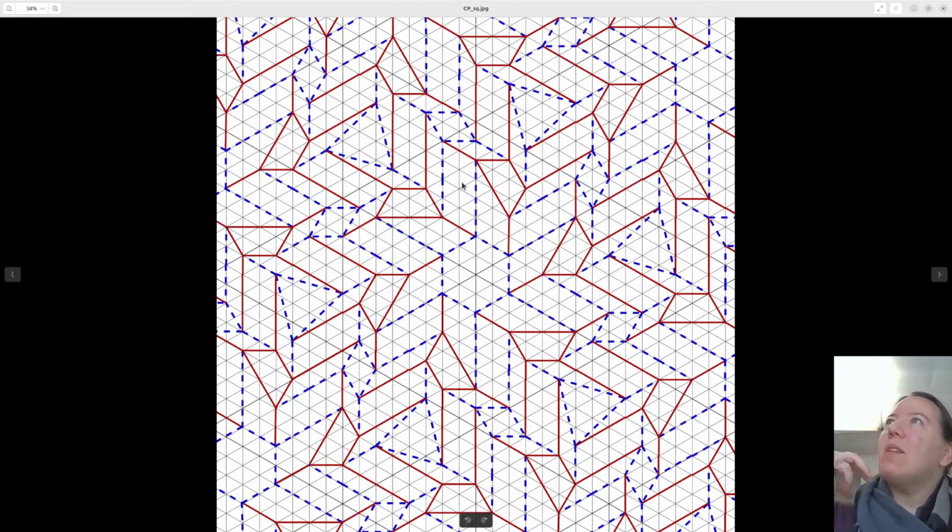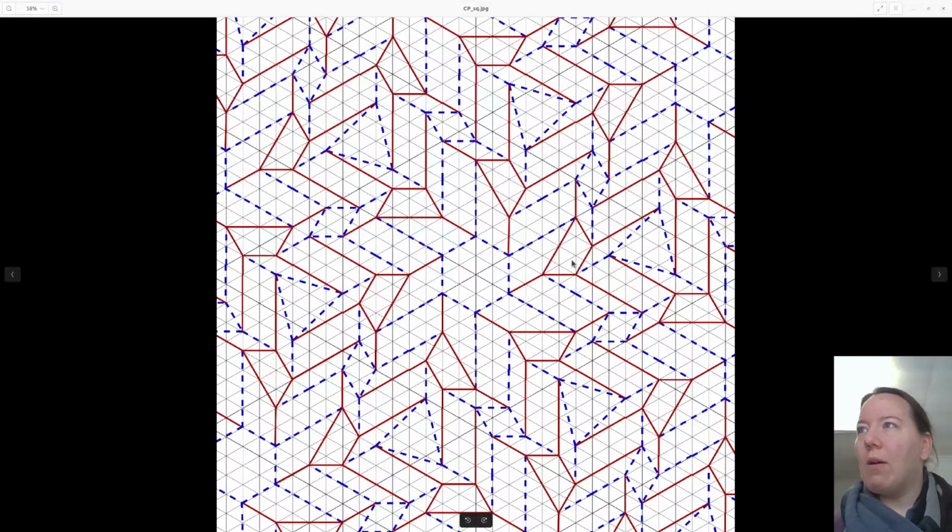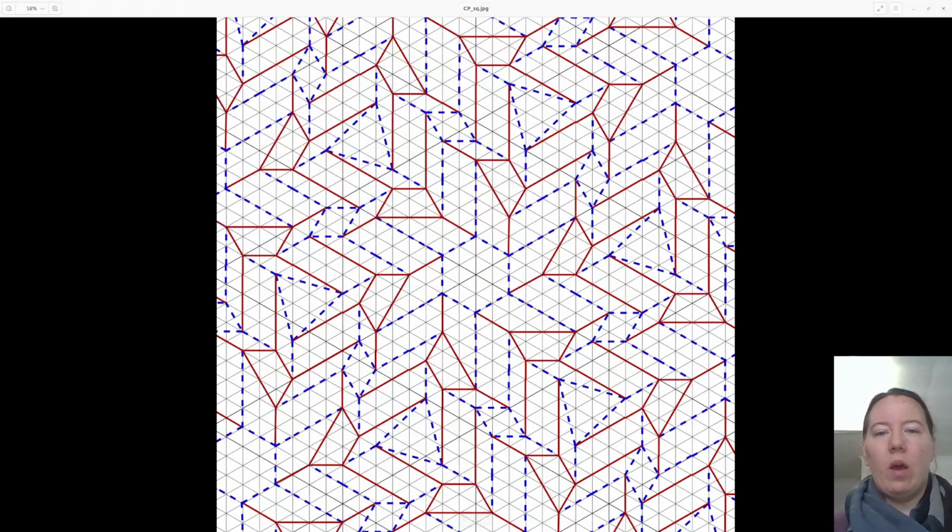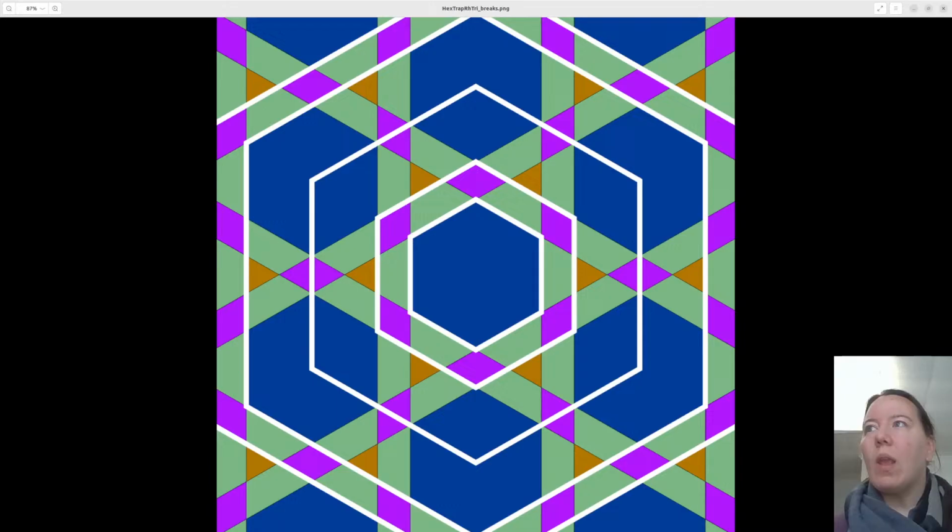And so I use the crease pattern to figure out how much grid I need and to start folding the pattern. But that's it. And by the way, I'm using the tiling to decide how much I want to fold.